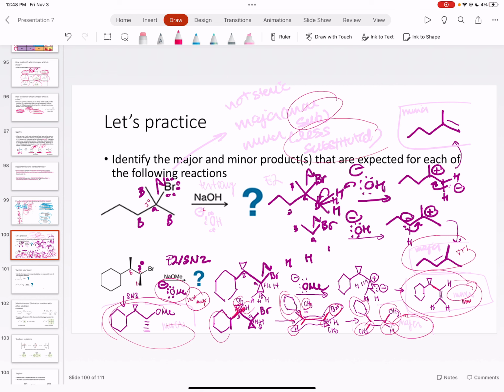But I think the main problem you're ever going to get is that sometimes you're not able to identify what reaction you're going to do, like if it's going to go under E1 or E2 or SN1 or SN2. I think that's the main issue, identifying what reaction you're able to do for the substrate and the reaction that you're given.